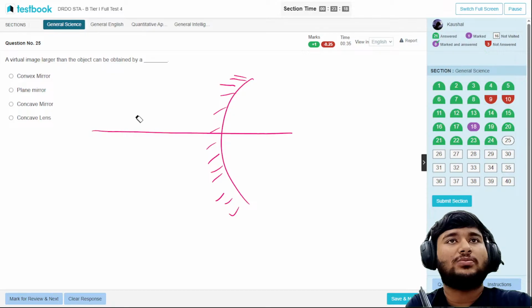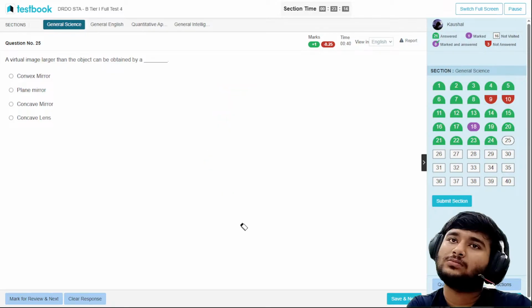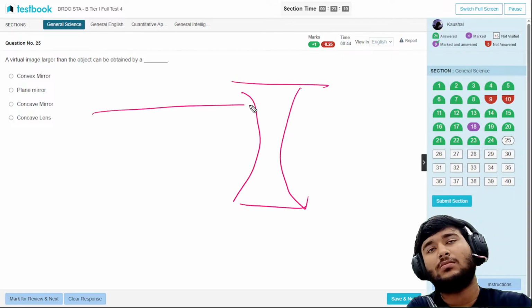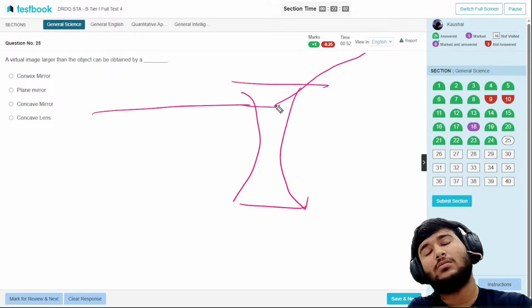Larger than the object. रियल इस तरफ, वर्चुअल इस तरफ होती है ना.